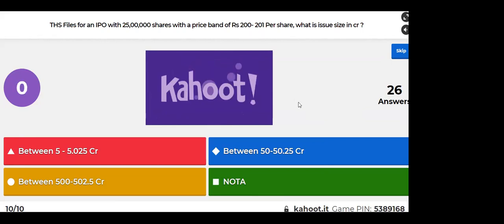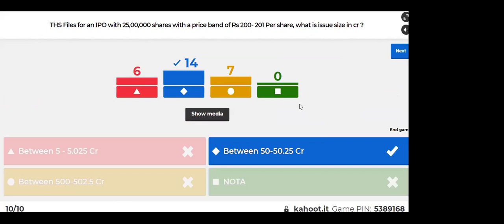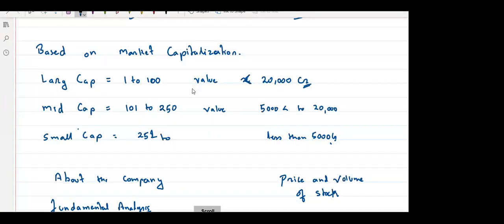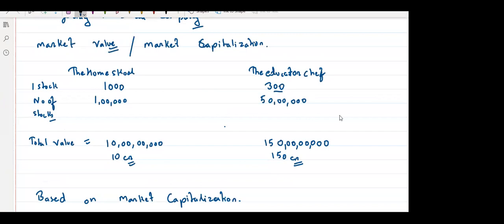We are not revising them, right? Yes, between 50 to 50.25 crores. Now, I just taught you how to find the value of a company. That is the first thing I taught you, how to find the value: the price of one stock and the number of stocks.